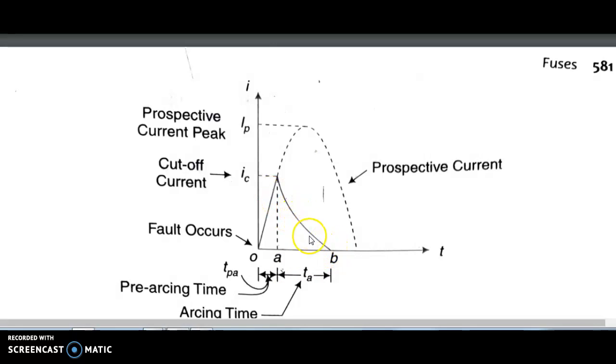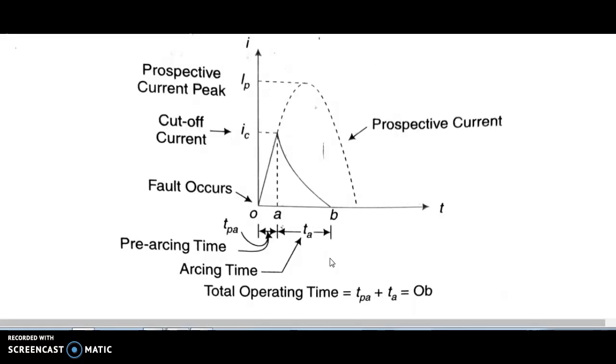Arc extinguished means the arc is fully extinguished and the current is zero. This AB is called the arcing time. Then total operating time. Total operating time is equal to TPA plus TA, that is O to B.